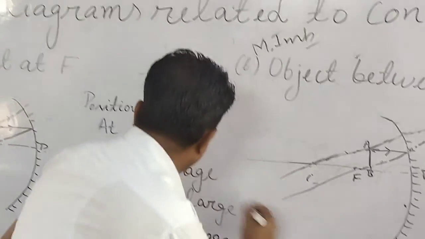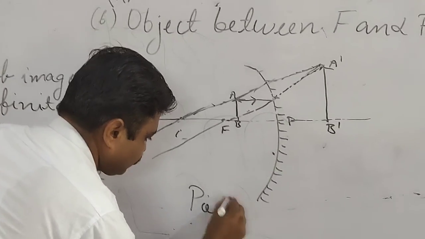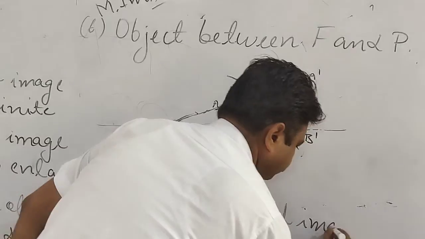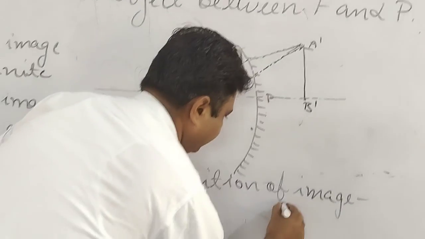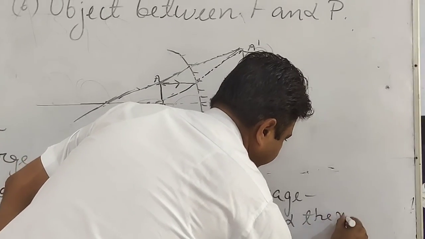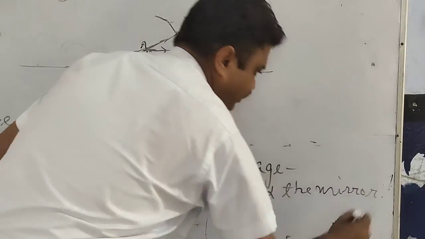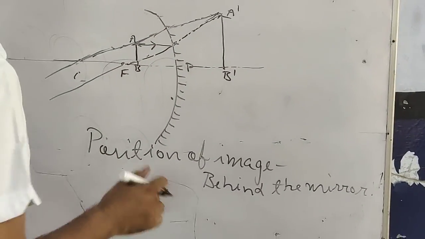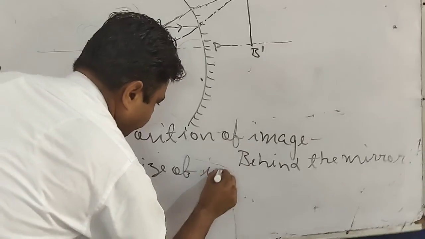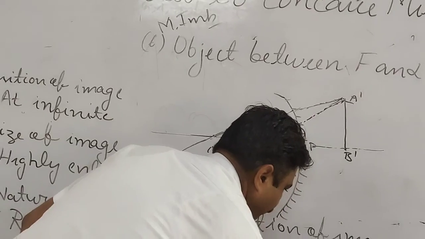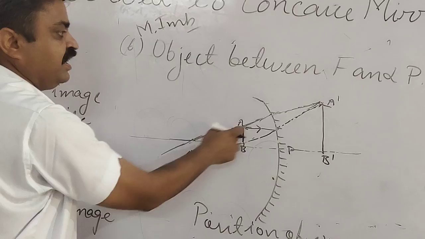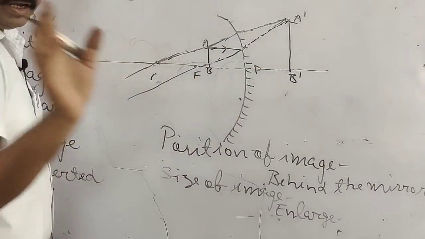Now we will write the position of image. Here you write behind the mirror. Next is size of image. Here you write enlarged because it is larger than the object. That's why.